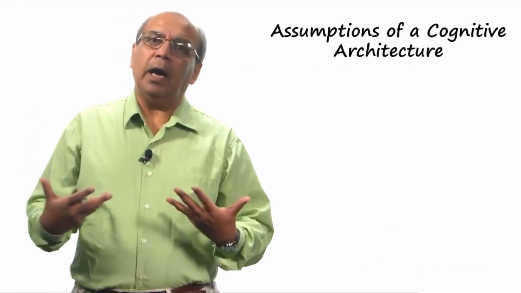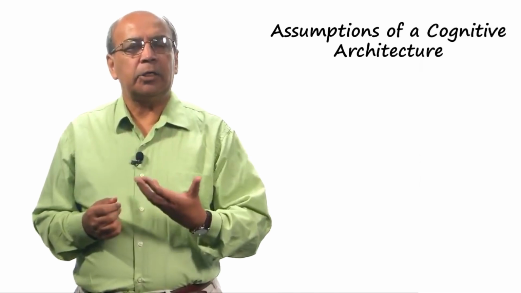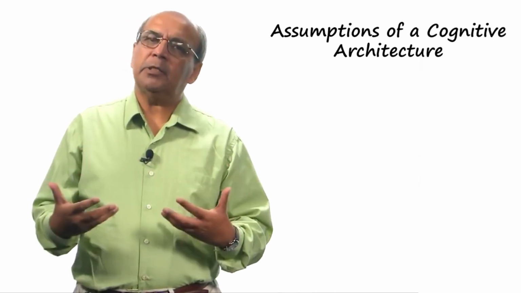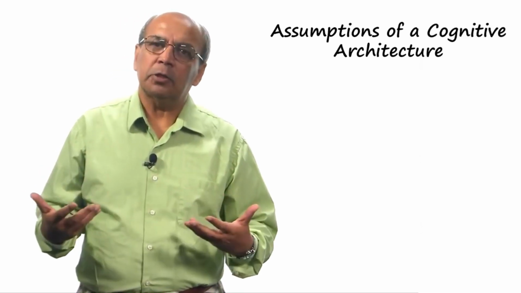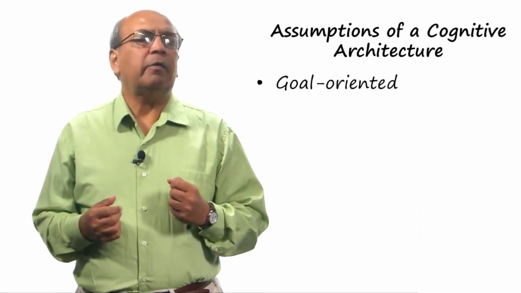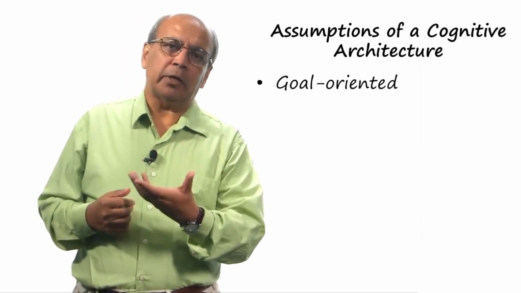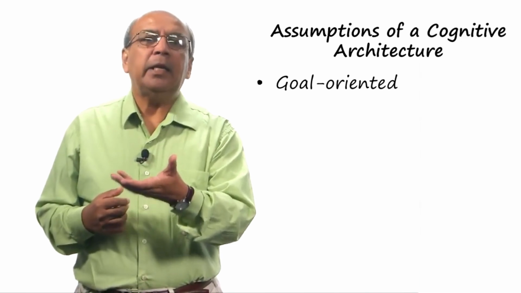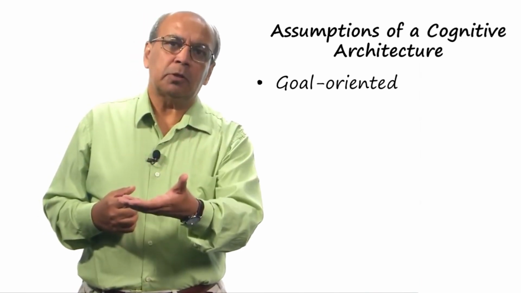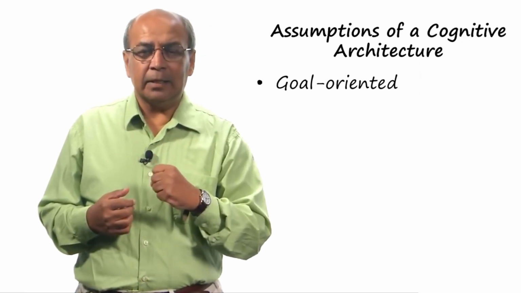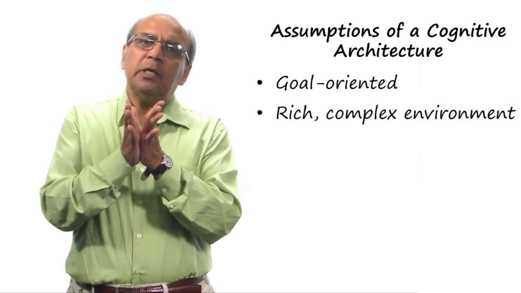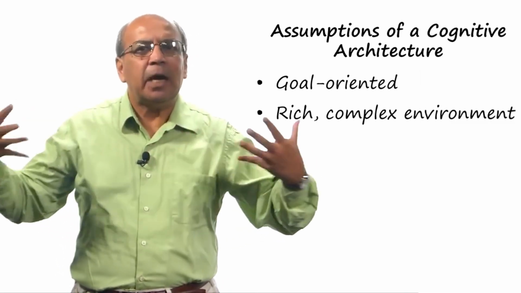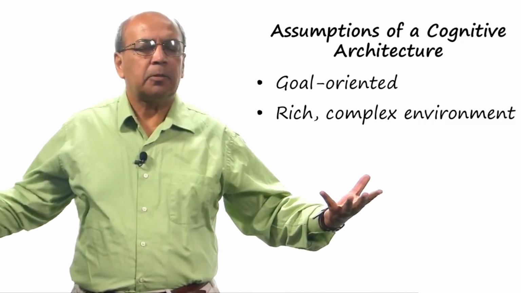The school of AI that works on cognitive architectures makes certain fundamental assumptions about the nature of cognitive agents. First, that cognitive agents are goal-oriented or goal-directed. They have goals, and they take actions in the pursuit of those goals. Second, that these cognitive agents live in rich, complex, dynamic environments.